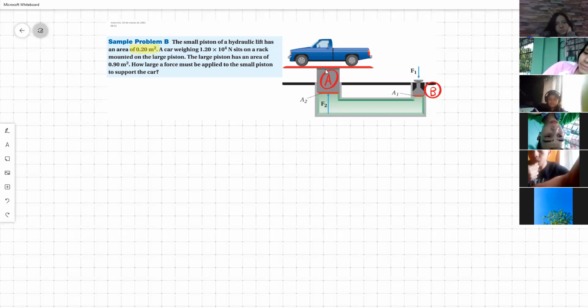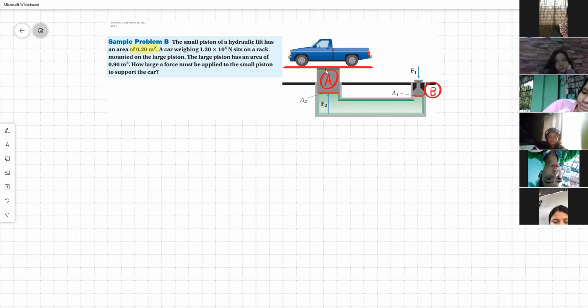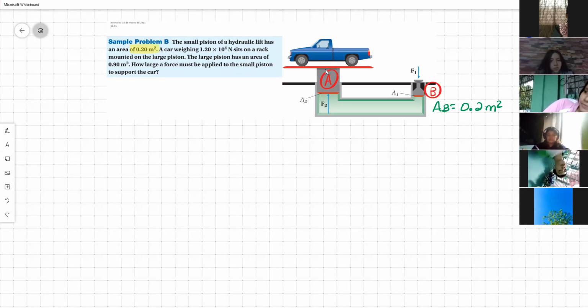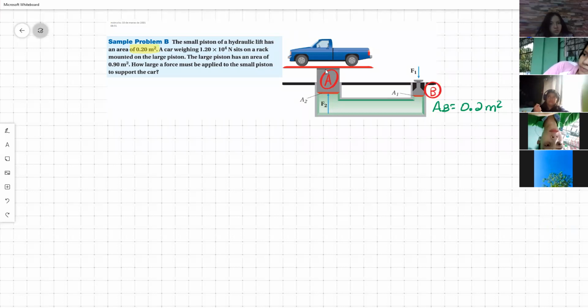B. So I'm going to put the information where it corresponds. That is, the area in B is equal to 0.2 square meters. I just put A and B where I want, and then I'm going to call them individually.